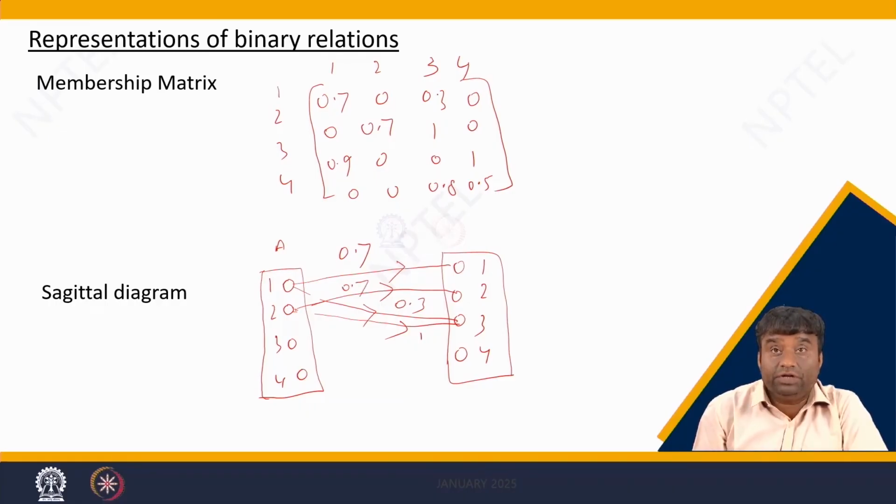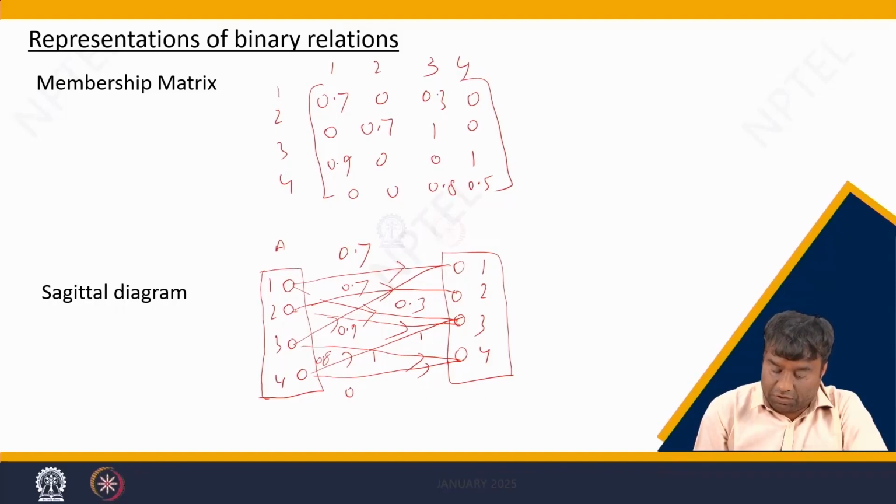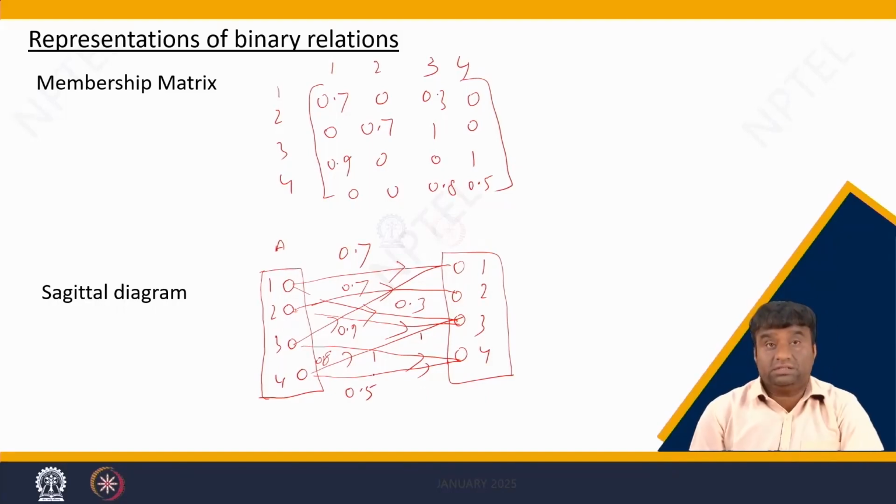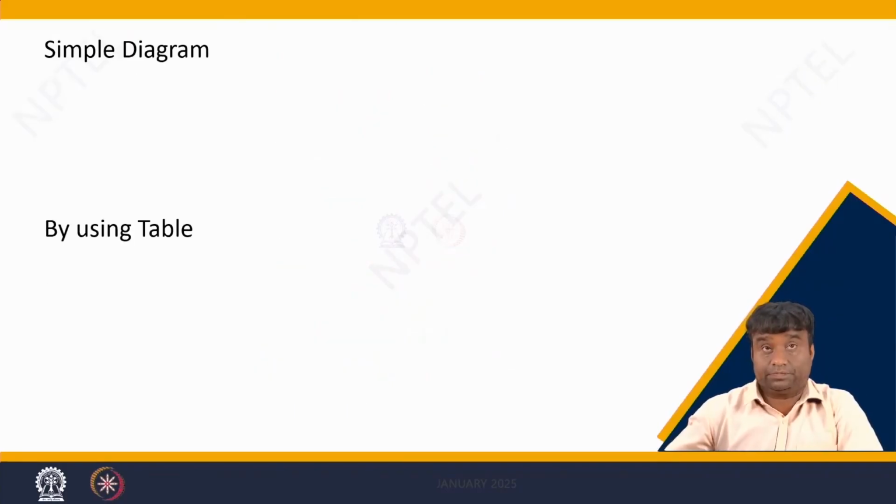Then 3 with 1 is 0.9, and 3 with 4 is 1. 4 with 3 is 0.8, and 4 with 4 is 0.5. This is the representation of a binary relation in the form of a sagittal diagram.